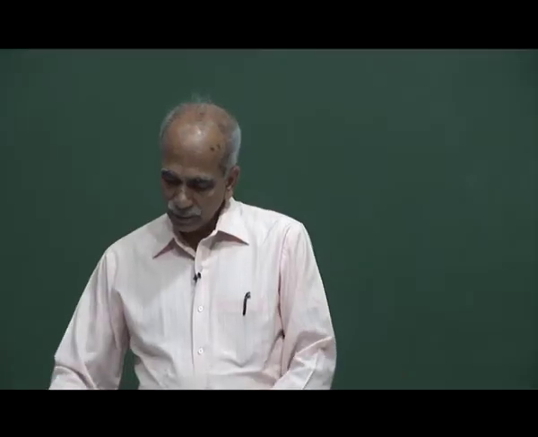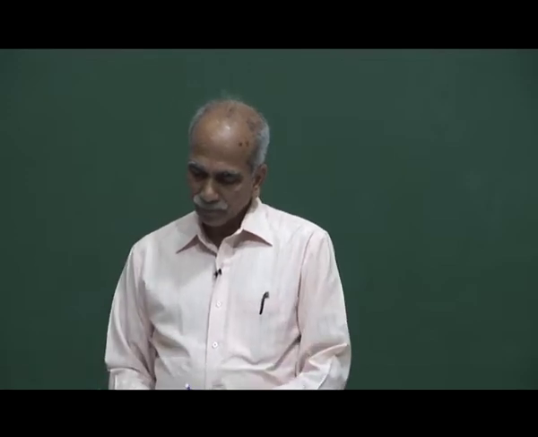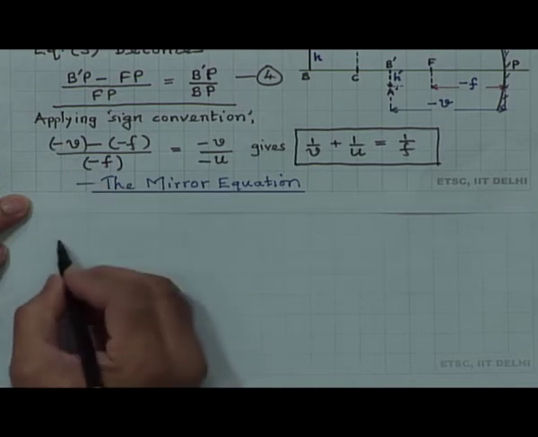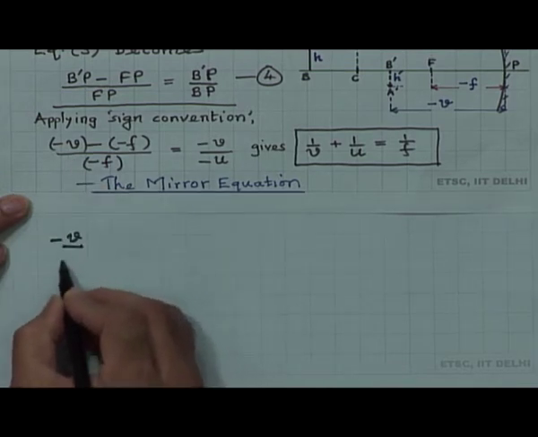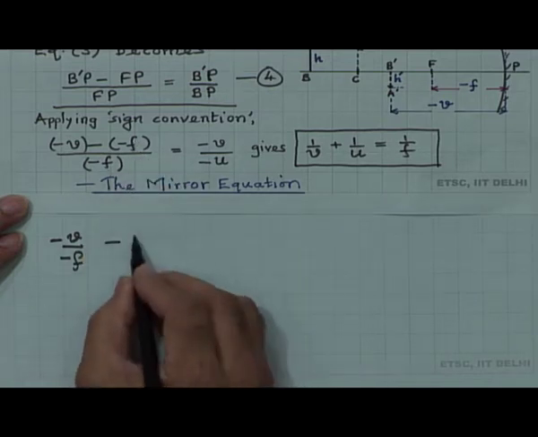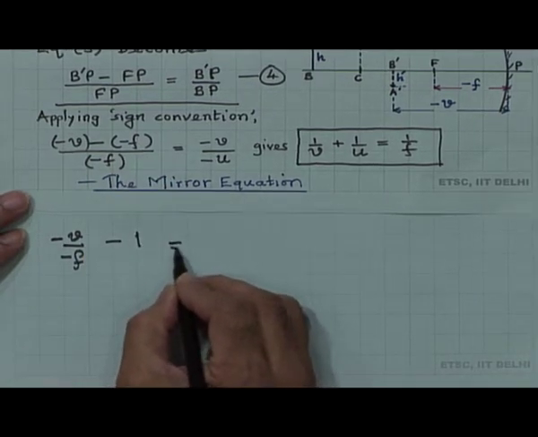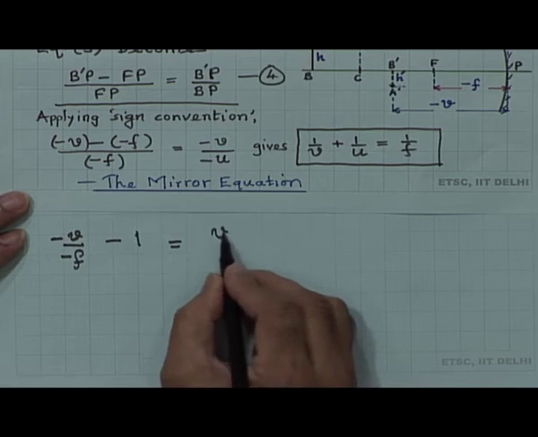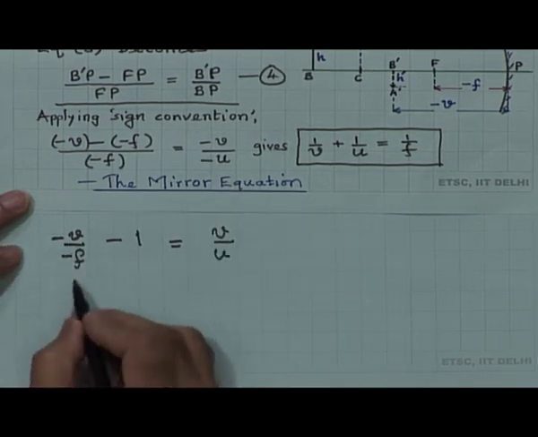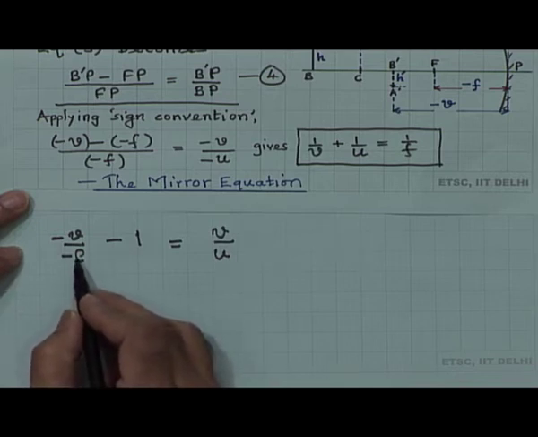So, you can simplify this of course. So, this is minus v by minus f, minus f by f, which is 1, which is equal to minus v by minus u, which is v by u, and therefore, this is v by f. So, I take this to the other side.